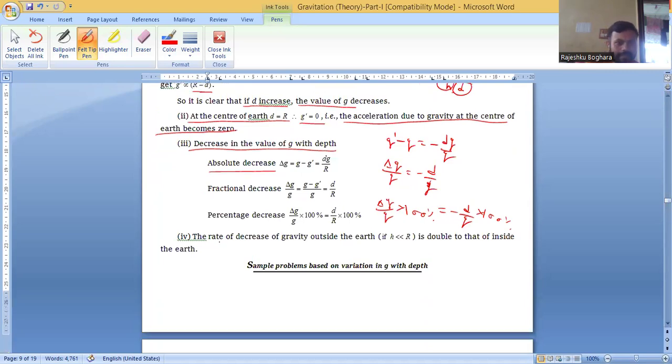The rate of decrease of gravity outside the earth, if h is very, very less than R, is double that of inside the earth.